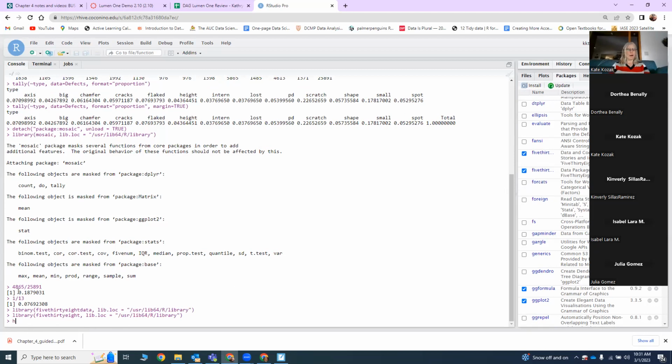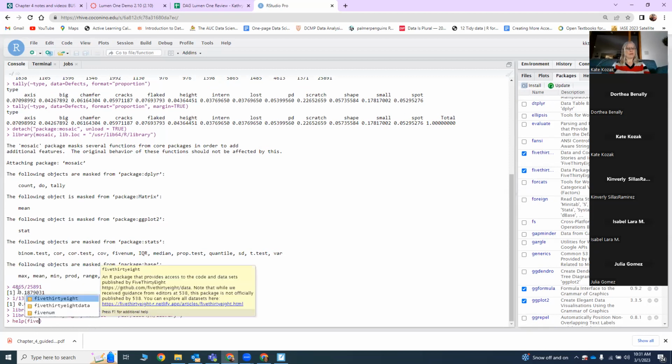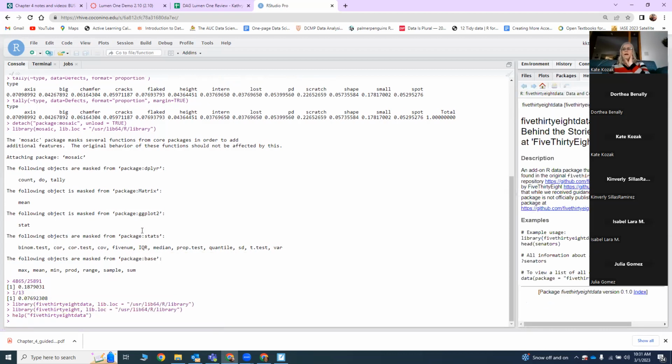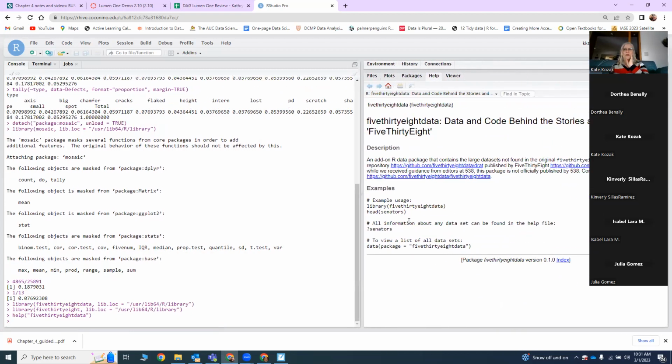I can actually do a help on the 538 data, and it would then show me what's in that package. It gives me the code book and so forth. So this is actually not the one I want.